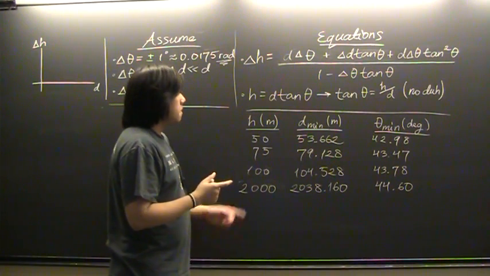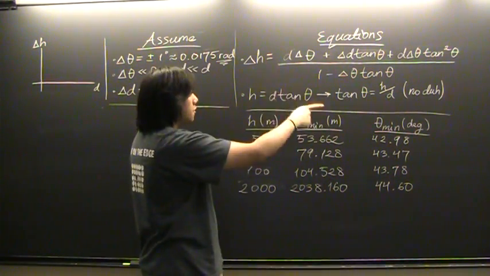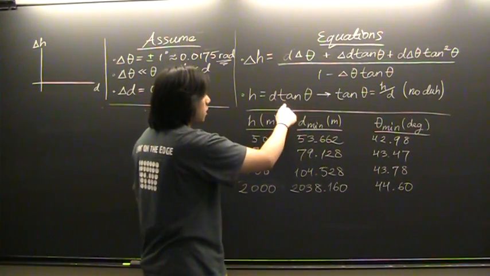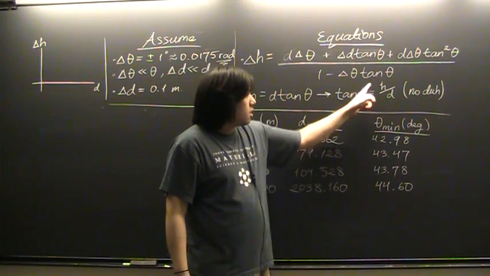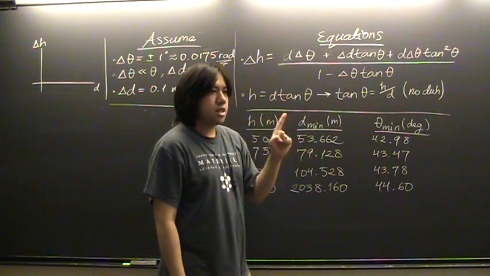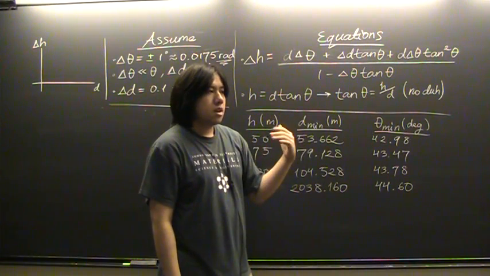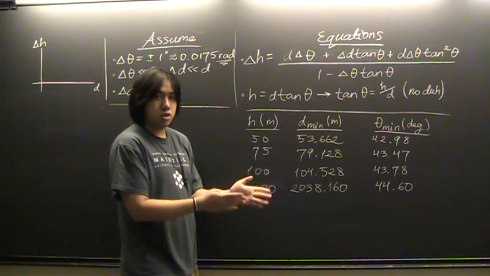So what we can do is substitute in for tangent of theta. When we rearrange this equation for tangent of theta, we get over here tangent of theta equals h over d. The critical thing to notice is that h is not actually a variable. It will remain constant in one measurement.